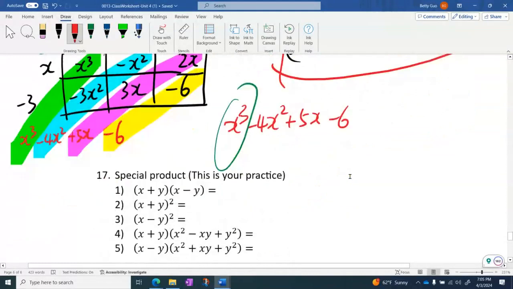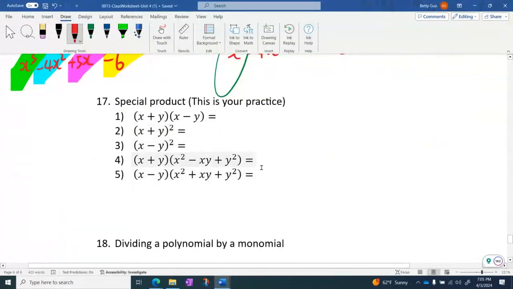All right. This is for you to practice. I give you 5 minutes. Let's do the first one first. The first one, I give you 2 minutes. x plus y times x minus y. Use the box method.